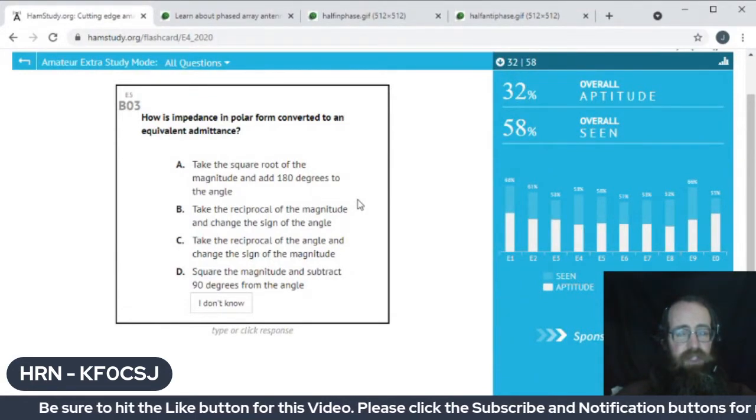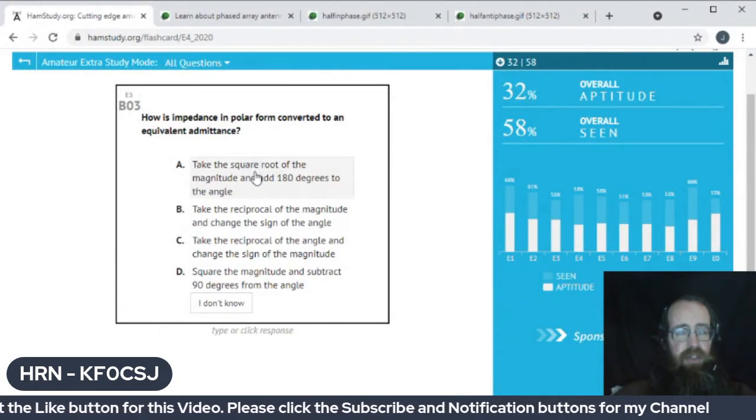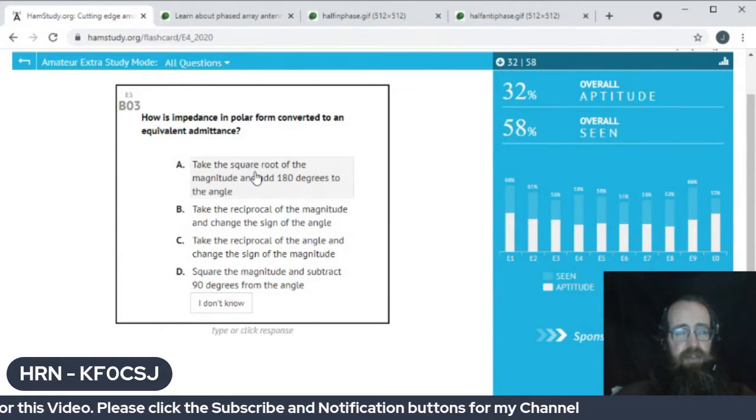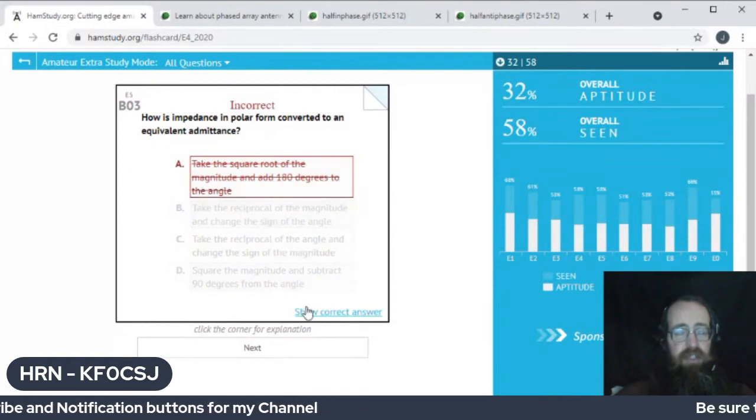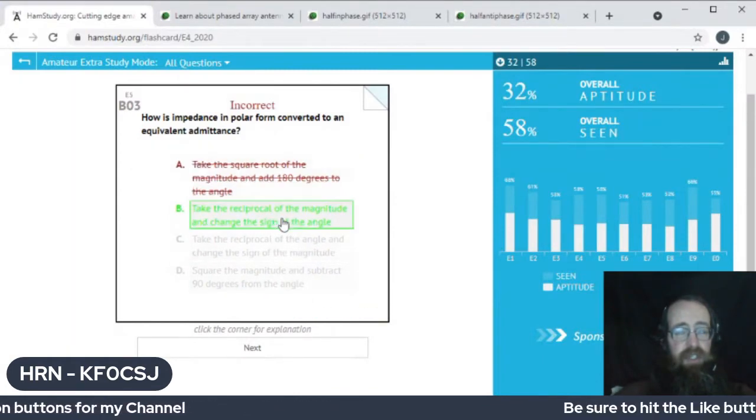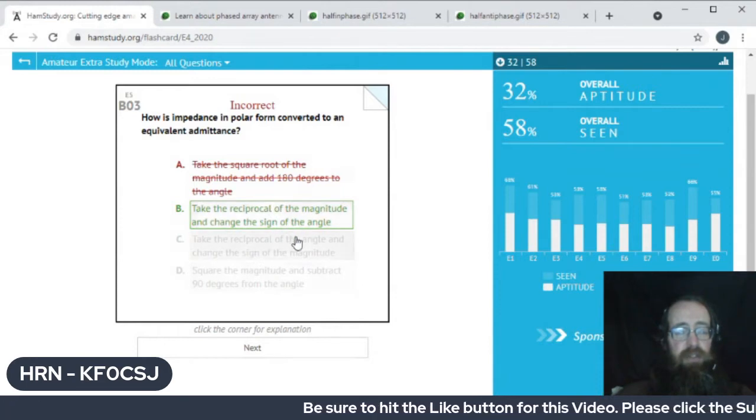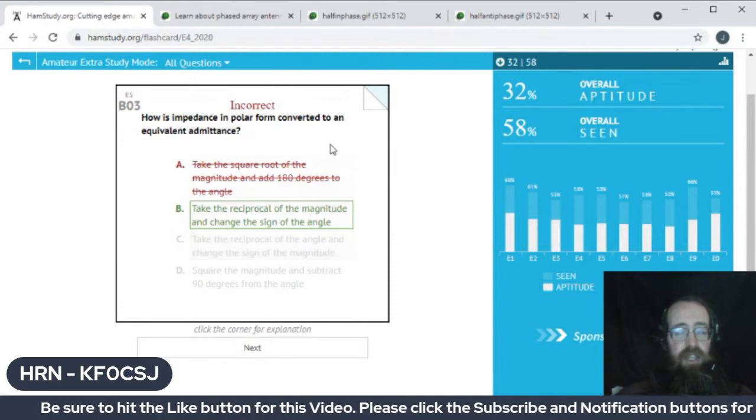I'm going to go with take the square root of the magnitude and add 180 degrees. And that is incorrect. Okay, so it's take the reciprocal of the magnitude and change the sign of the angle.